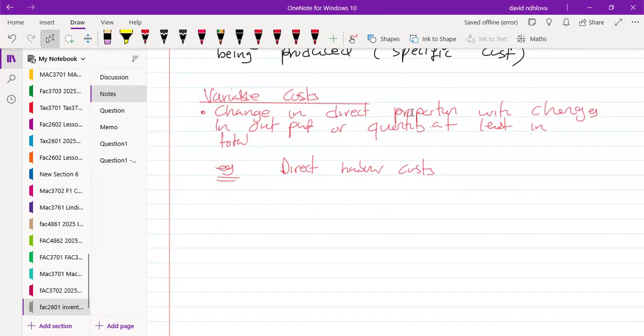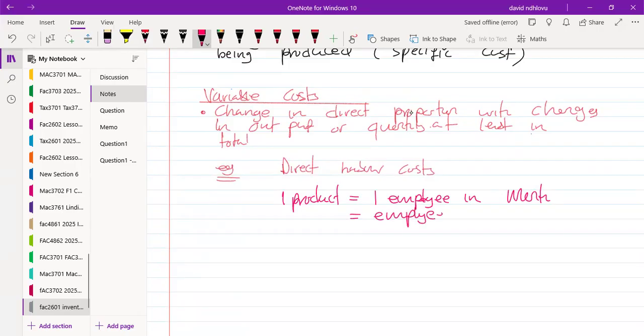So let's say that to manufacture one product, you need one employee per product, in a month, and the employee is paid, say, 5,000 Rand.